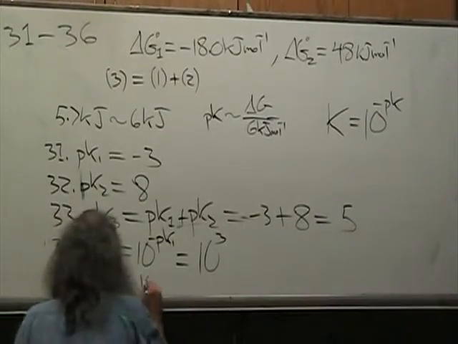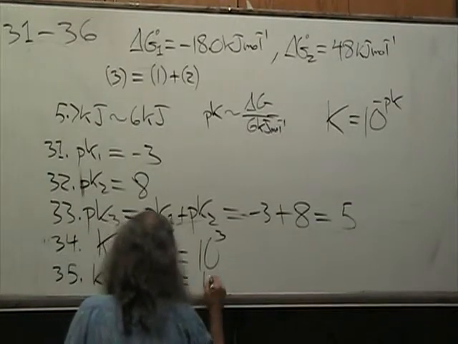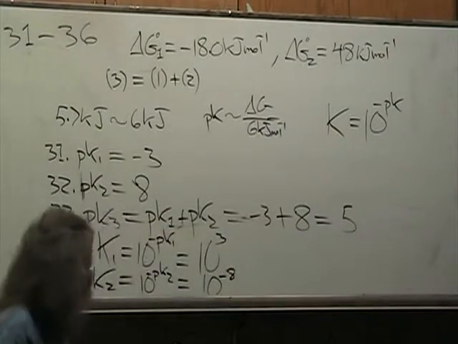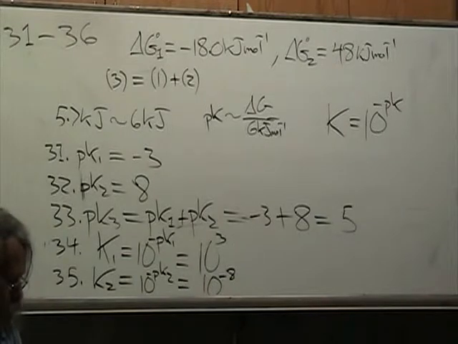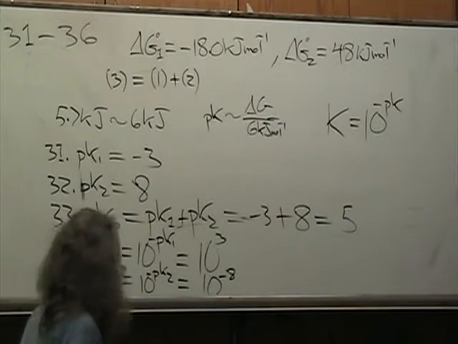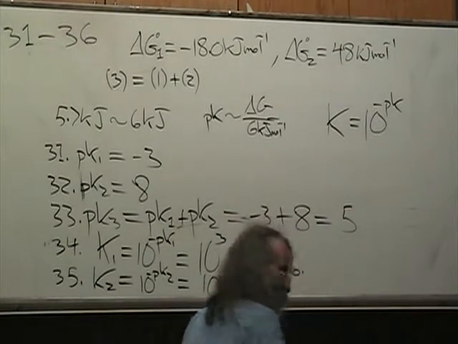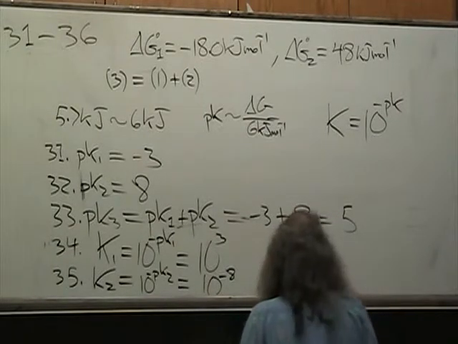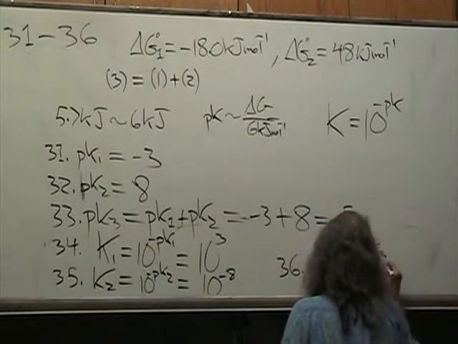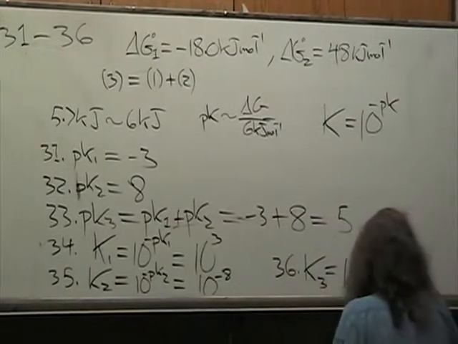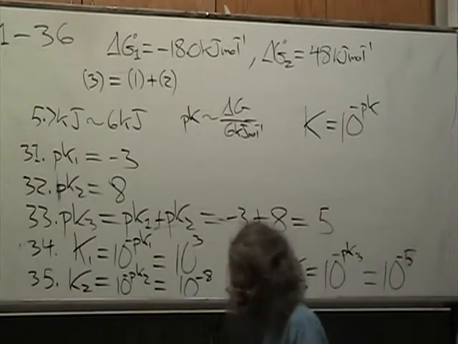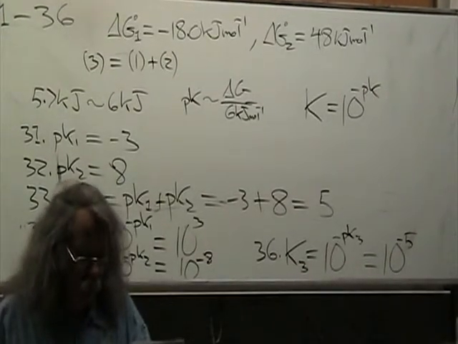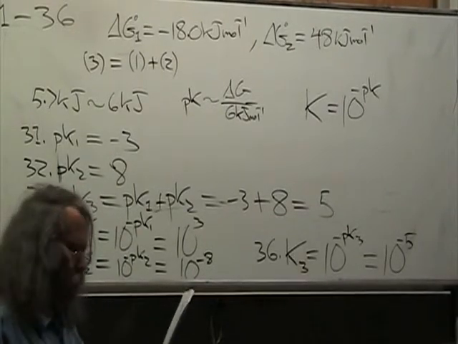K2 is going to be equal to 10 to the minus pK2, which equals 10 to the minus 8, which is option A. And then last but certainly not least, and this is the last problem on the test, K3 is equal to 10 to the minus pK3, and we found earlier that that was 5, which equals 10 to the minus 5, which is answer F. Or no, 10 to the minus 5. Oh, yeah, it's answer E.